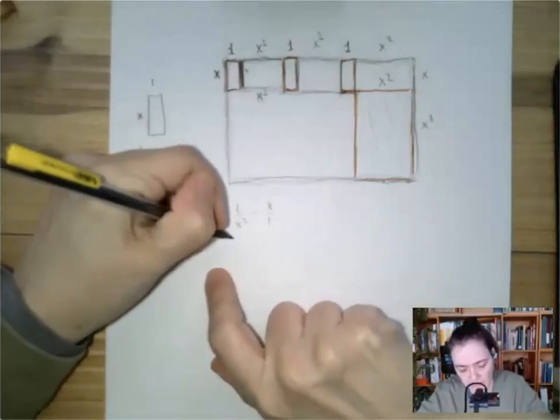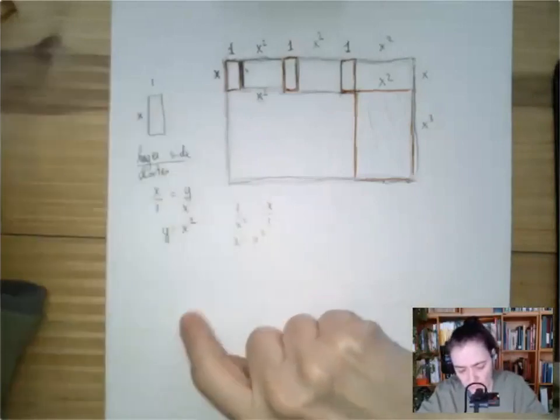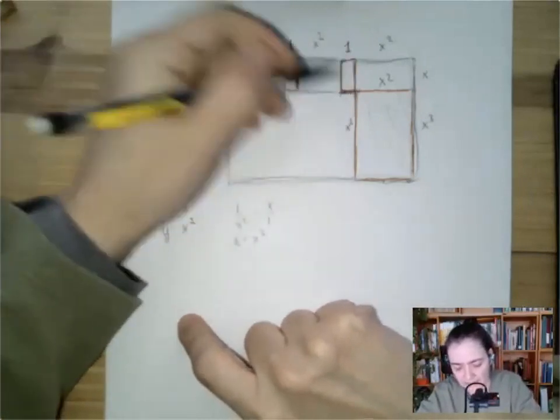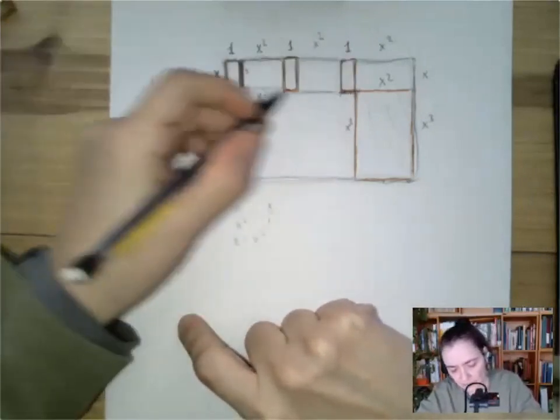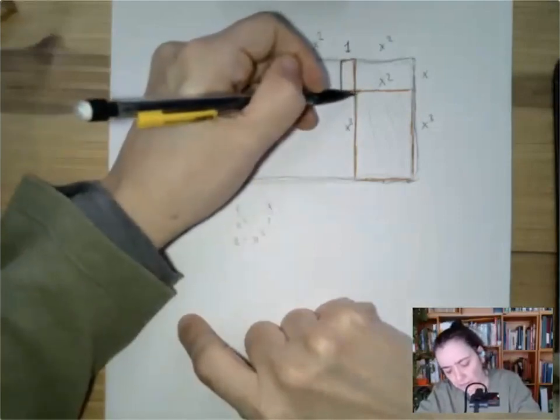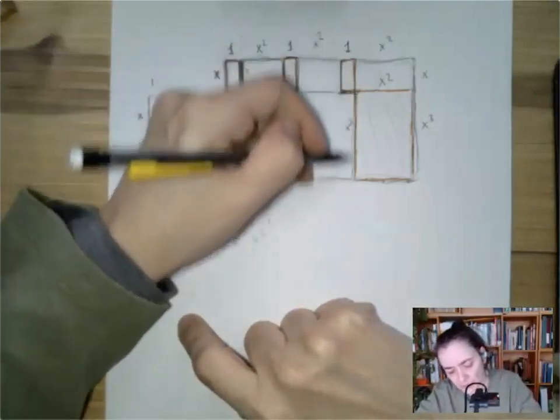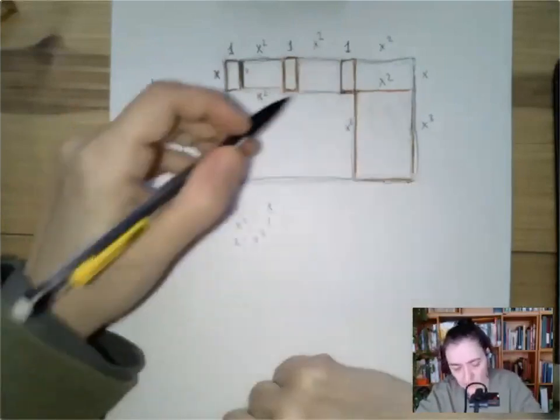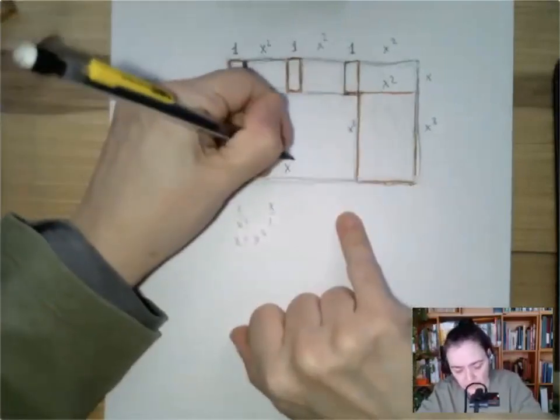And when we solve for z, we get z equals x cubed. And again, in this biggest rectangle here, x cubed plays the shorter side, while in the previous one, x cubed played the longer side. So this is just going to be x to the fourth.